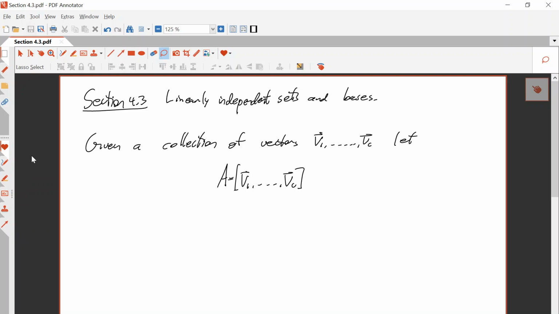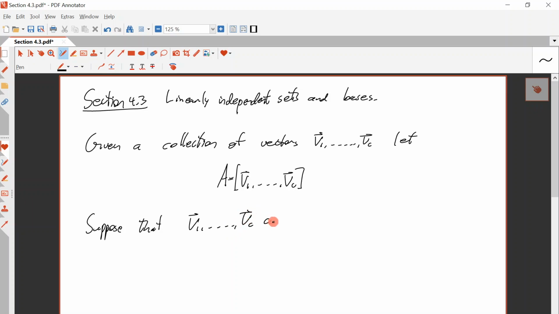Now, suppose that v1 to vc are linearly dependent.